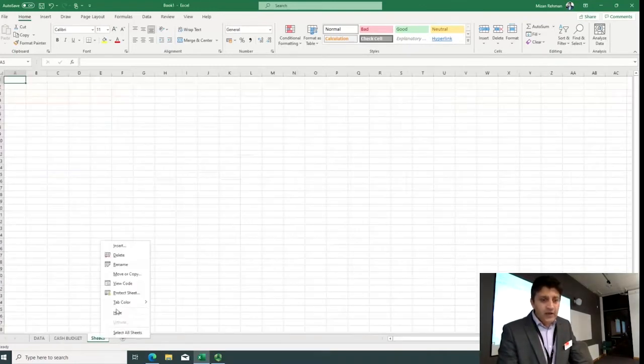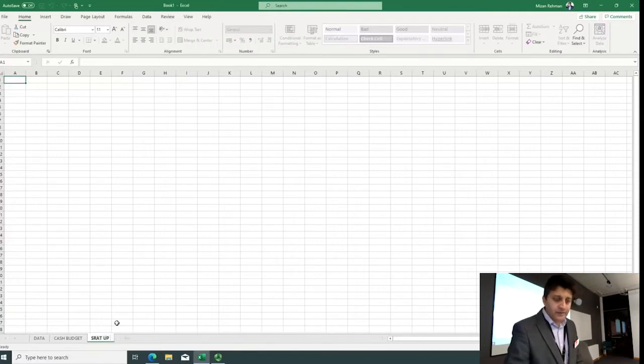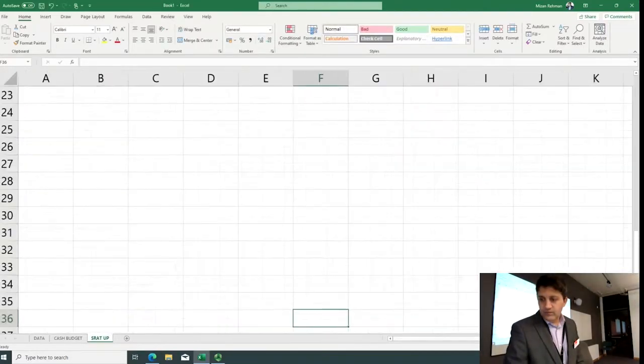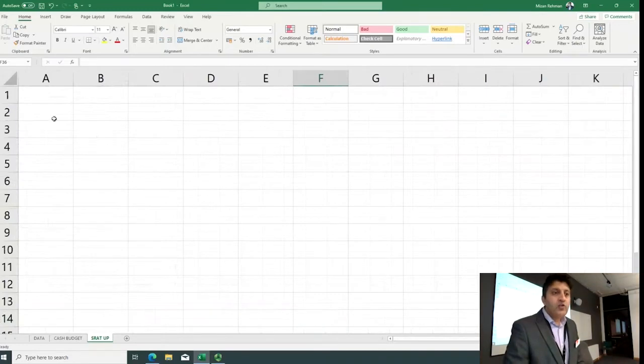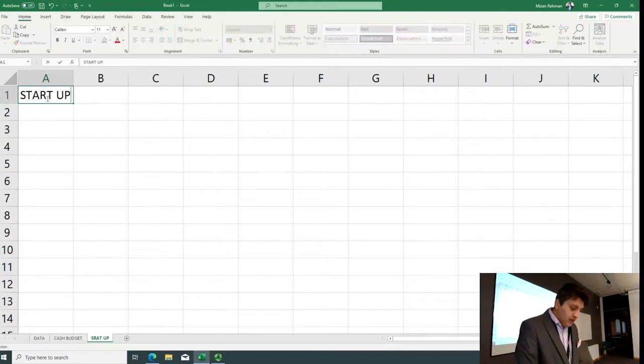For that, I'll open up another sheet called Startup Summary. In return on capital employed, and in the previous study unit, I discussed the capital employed, fixed capital employed, and working capital employed. This is linked with that.